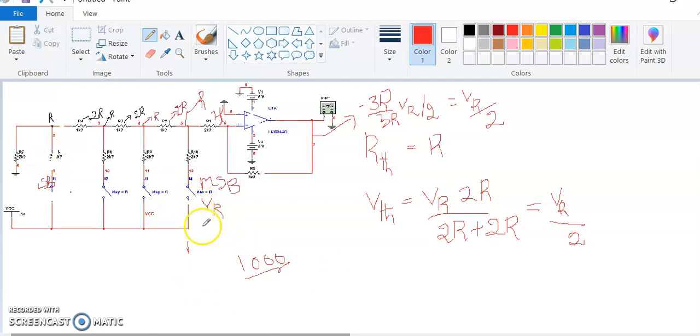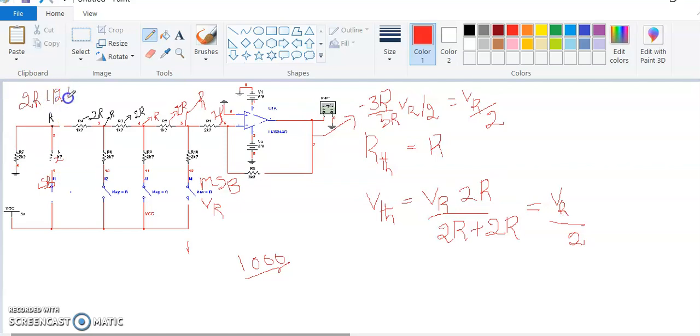Now we need to calculate the output voltage for this particular input configuration. I will start from here and reduce this network. This is a 2 kilo ohm resistor and this is also a 2 kilo ohm resistor. These two are in parallel. Let us assume these are 2R, so 2R parallel with 2R.